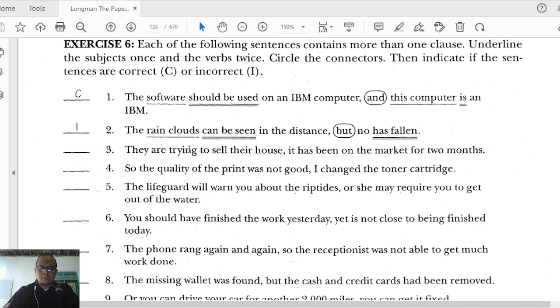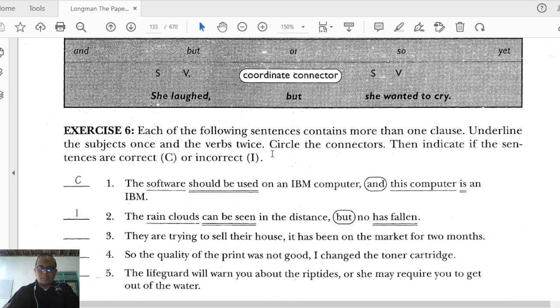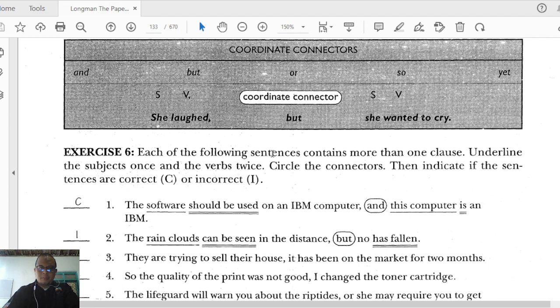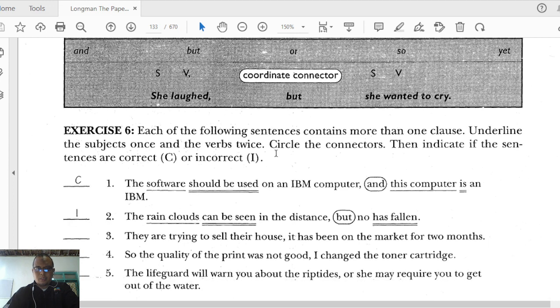And then pakai apa ini? And, but, or, so. They're trying to sell their house. It has been on the market for 2 months. They're trying to sell their house, but it has been on the market for 2 months.